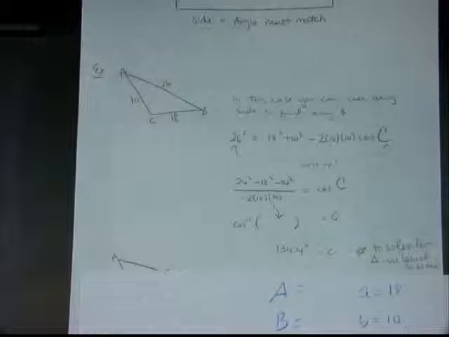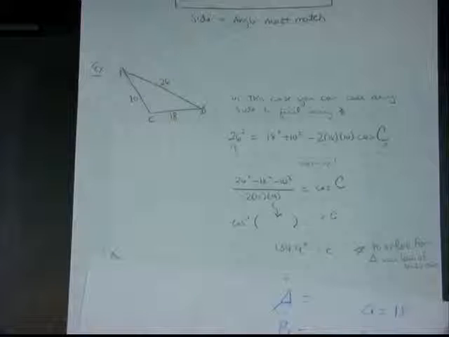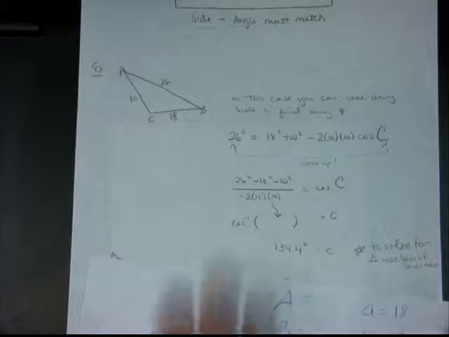So be careful with that. If you choose to use the law of sines to completely finish out your problem, then you need to make sure that you check for two triangles, one triangle, or no triangles. Obviously, we're going to get one because it's given to you, but there is the possibility of two. So just take care of that if you use the law of sines.